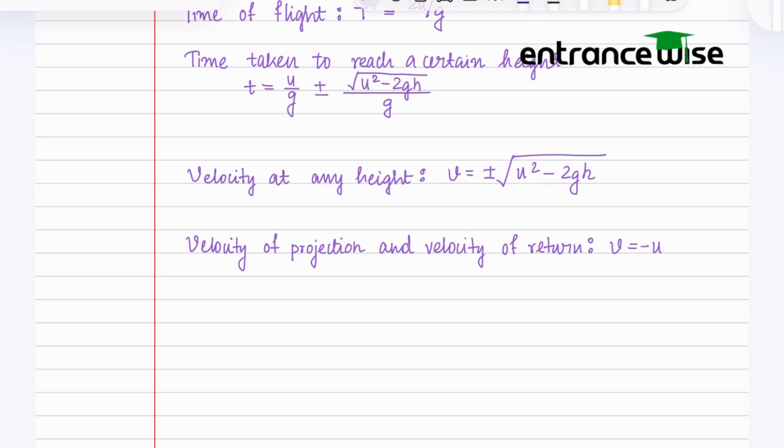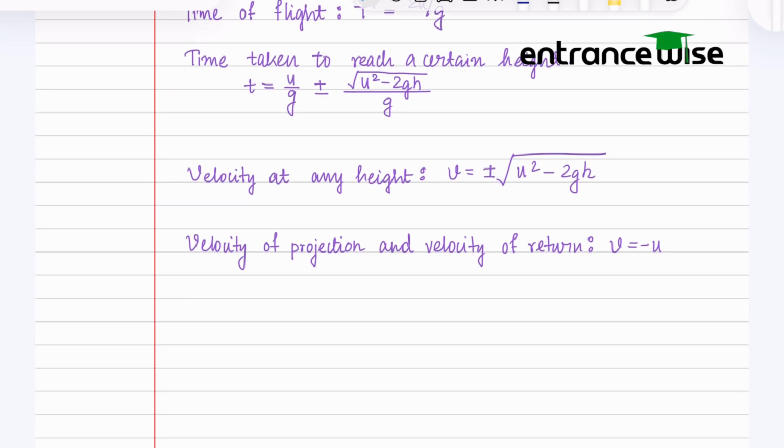Now what is velocity of projection and velocity of return? The velocity of projection is the initial velocity u, and the velocity of return v is the velocity with which the object returns to the initial level. At the initial level, when the object returns, v return equal to root of u square minus 2g into 0.